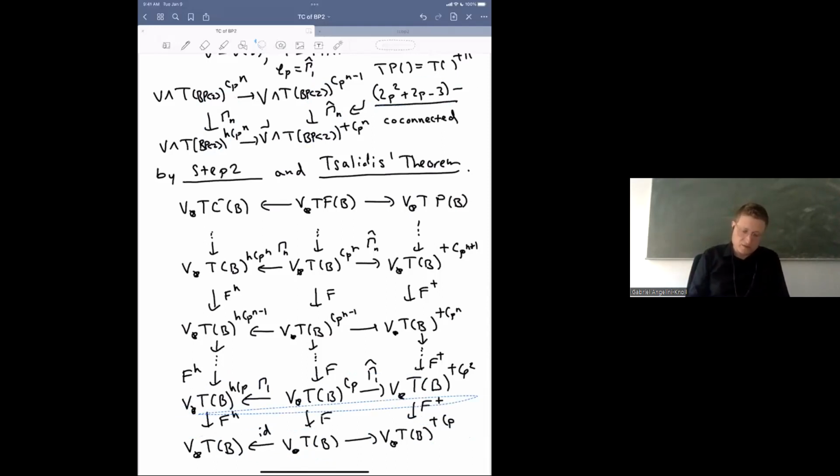And then you know this is sufficiently coconnected, so you can use that to infer things about this, and so on. This is a vast oversimplification of what we do, but it gets at the idea of how you go from this information to understanding TC minus and TP.